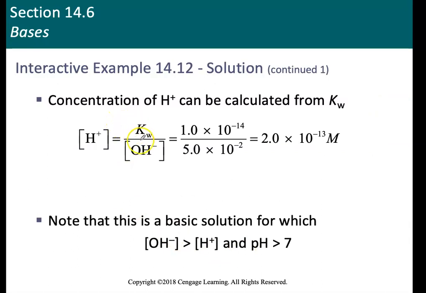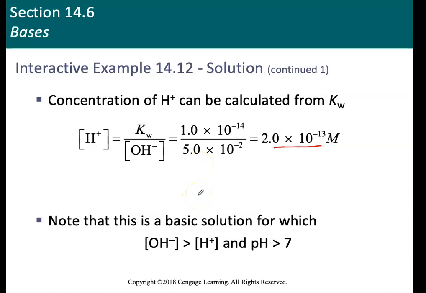After getting the concentration of hydroxide, you can find the concentration of hydrogen ions by substituting into the Kw expression. So Kw is 10 to the minus 14, and this one is 5.0 times 10 to the power of minus 2, and then work out the hydrogen concentration. That will give you 2 times 10 to the power of minus 13.